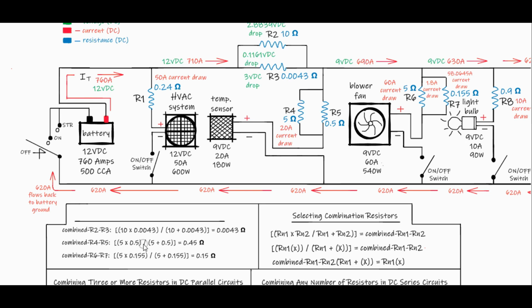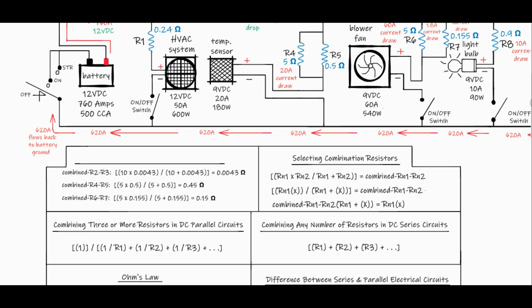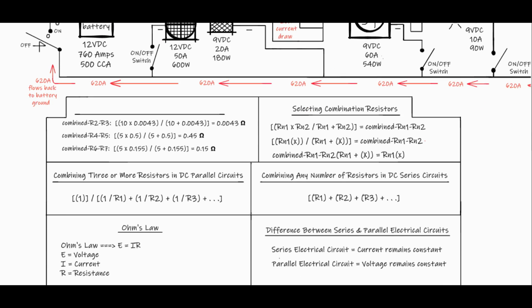We do know about the product sum rule for calculating two resistors in parallel. When combining three resistors in parallel for total resistance, we can use the inverse sum fractional rule listed here. And combining resistors in series is simply the additive rule. We simply add the resistor values together.